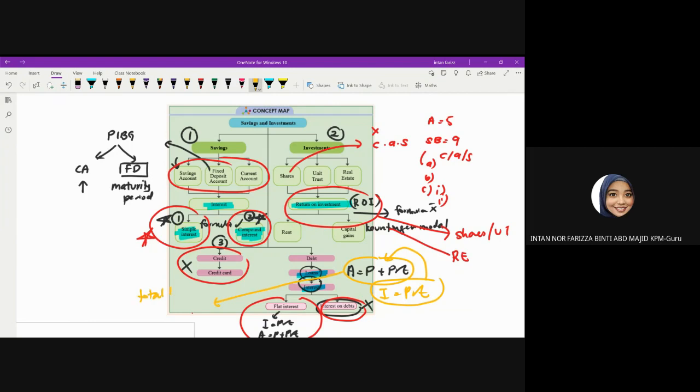Total loan or total repayment. And you have to use this when you're calculating the monthly installment. But of course, monthly installment you have to divide by the total months in that certain period of time in the year given. Itu benda yang basic yang you kena master dekat form 3 consumer mathematics.